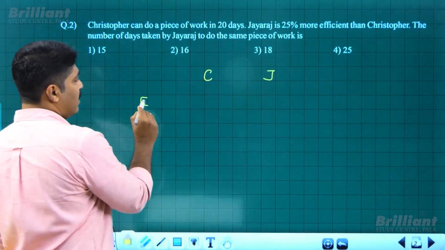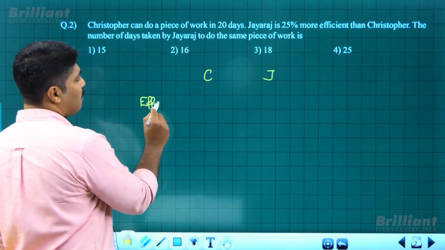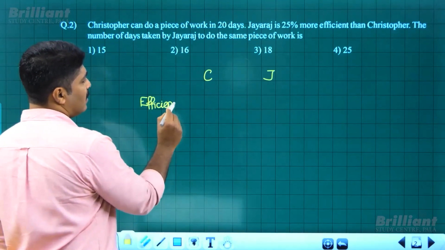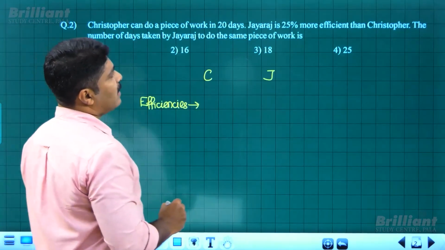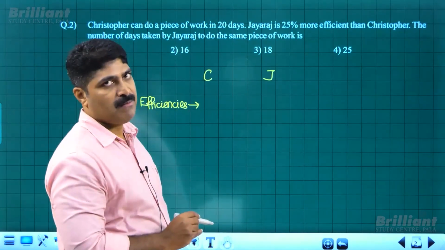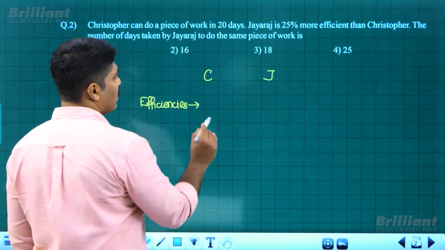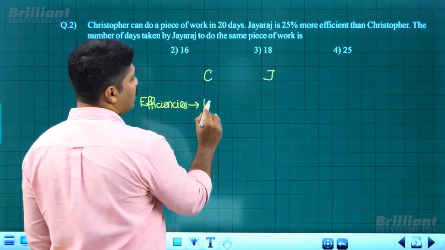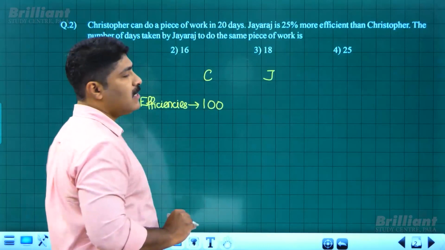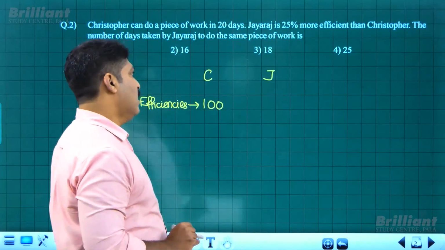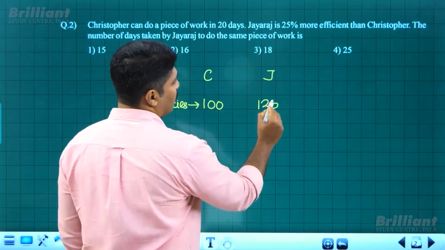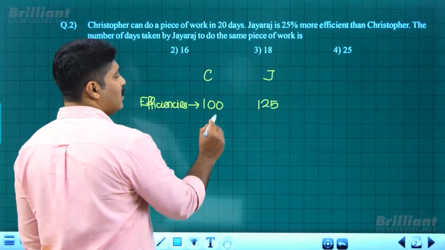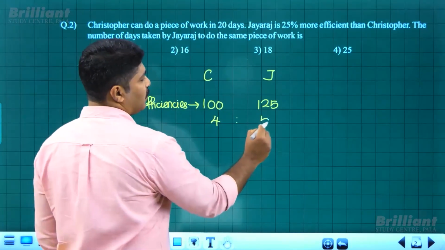If we consider the ratio of their efficiencies, it is given that Jairaj is 25% more efficient than Christopher. That means if Christopher can do 100 units of work in a constant time, Jairaj can do 125 units. We can simplify this as 4:5.